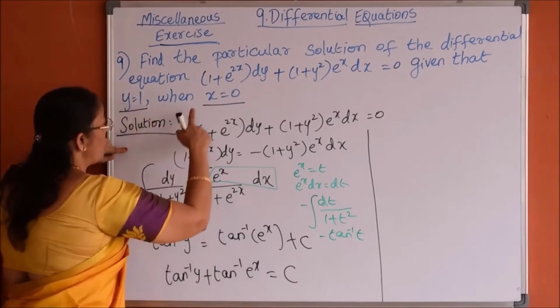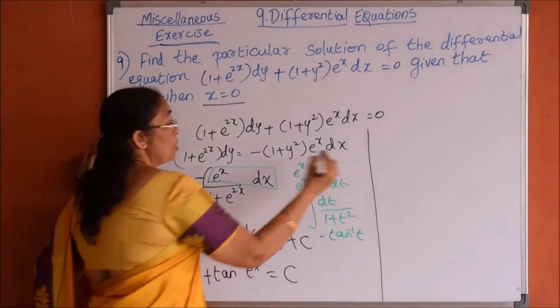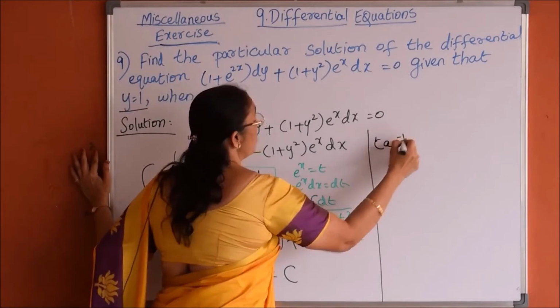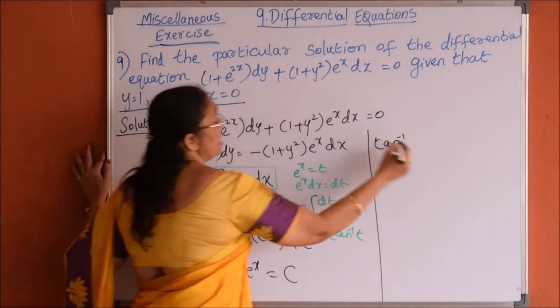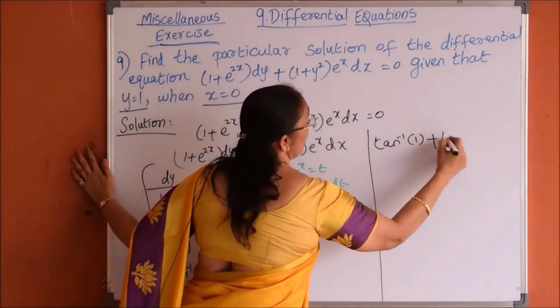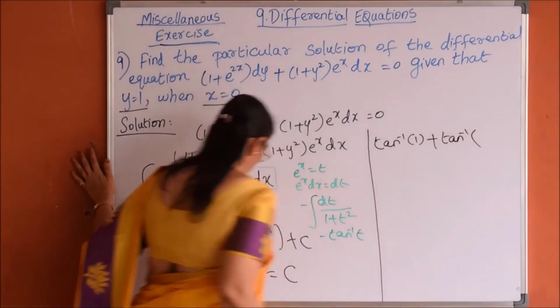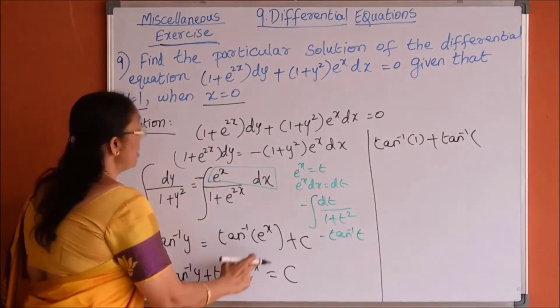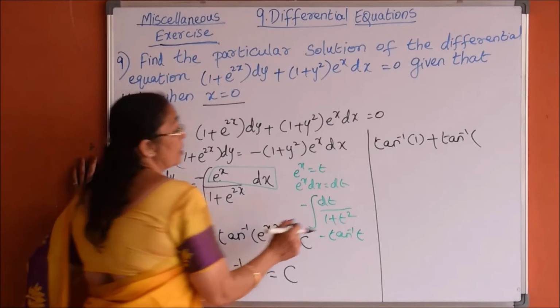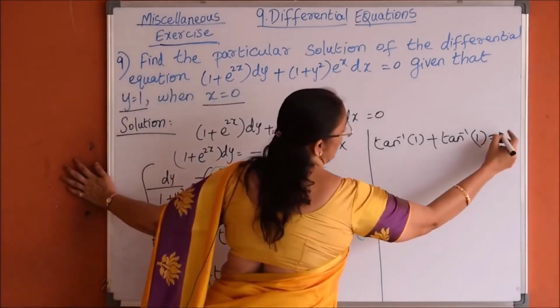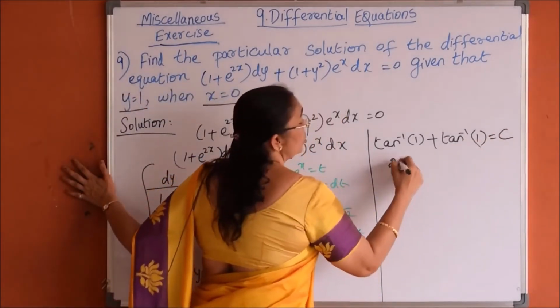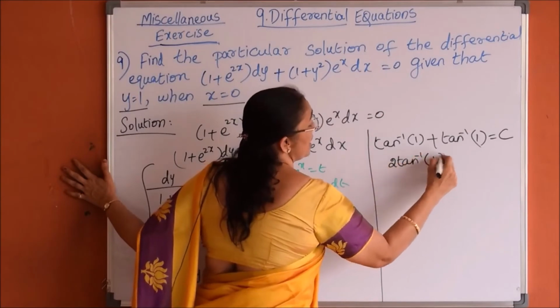First we find the c value. When y is equal to 1, it is given x is equal to 0. So, tan inverse of 1 plus tan inverse of e power 0, which is again 1. So, tan inverse of 1 plus tan inverse of 1 is c, 2 tan inverse of 1 is c.